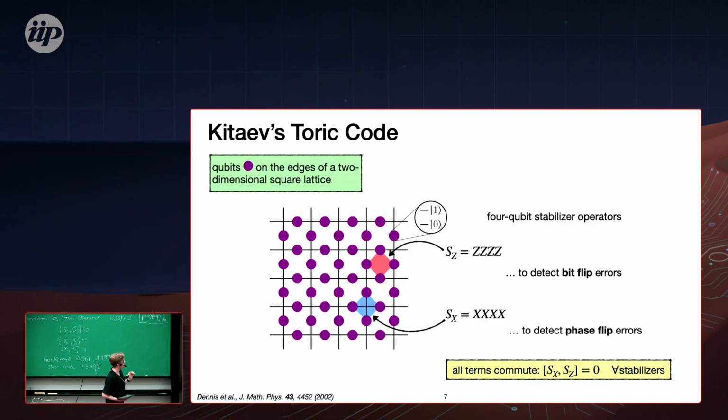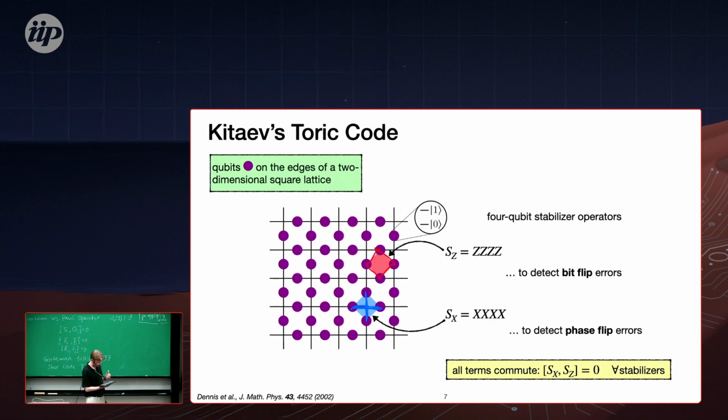And then we will define two kinds of stabilizer operators that commute. Namely, every plaquette, as you can see here, will be a 4-body Z stabilizer. And every vertex, like this here, will be a 4-body X stabilizer.